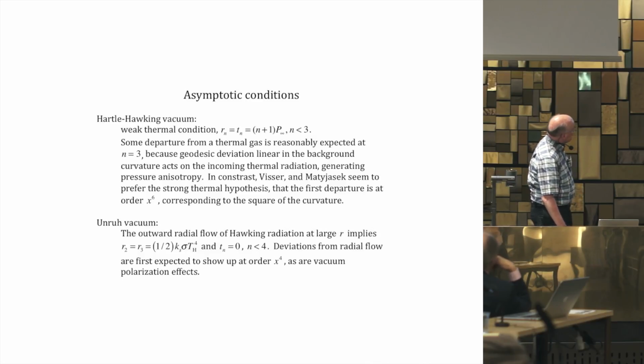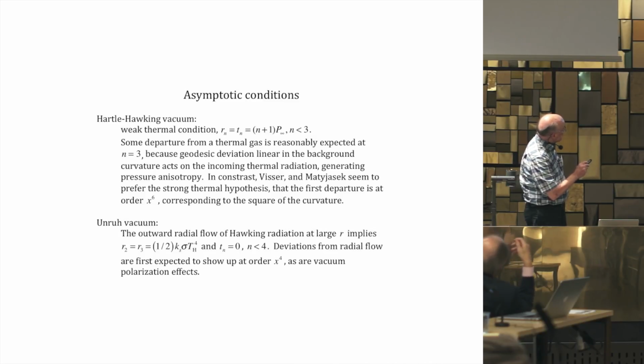Now for the Unruh vacuum, again, we have outward radial flow at large r, and that implies that for the radial stress, expanding 1 over 1 minus x in powers of x tells us, I'm sorry, expanding taking into account just the redshift, but assuming purely radially propagating radiation, that the R sub n should be uniform, and for purely radially propagating radiation, transverse stress is 0.